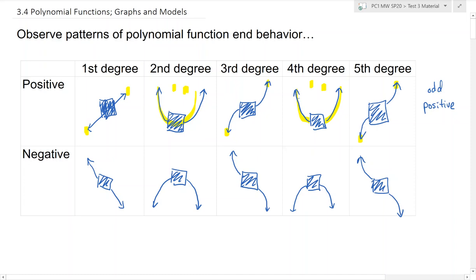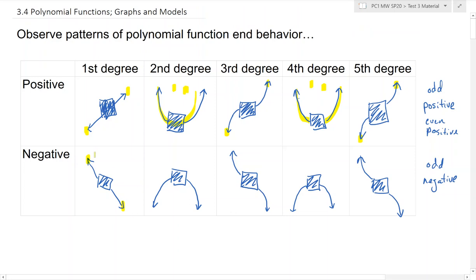Fifth degree and negative, again, doing something like that. So we have odd positive, we have even positive up there, we have odd negative. Odd negatives would be like this, and this, and this. And again, think about what the average rate of change is from here to here.